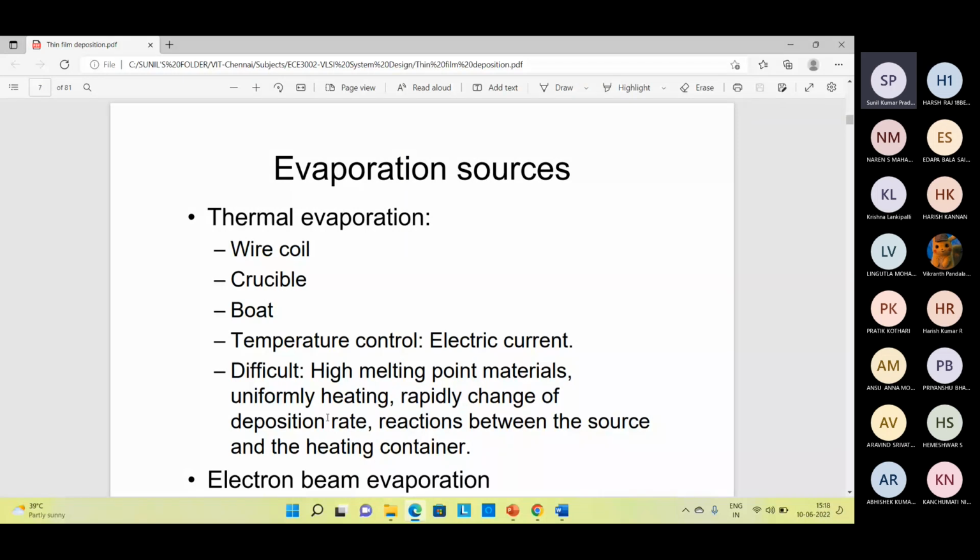Using the heating element, with the use of thermal energy or heating processes, we can evaporate the materials from the target in the vacuum condition, and finally the material evaporated from the source is deposited on the substrate. So these are the evaporation sources.